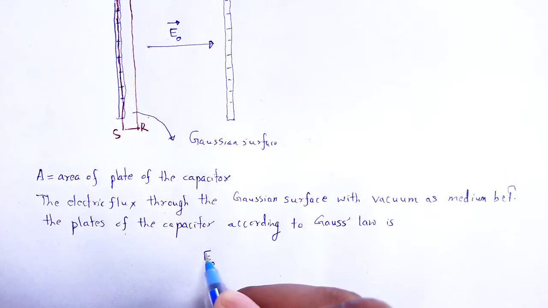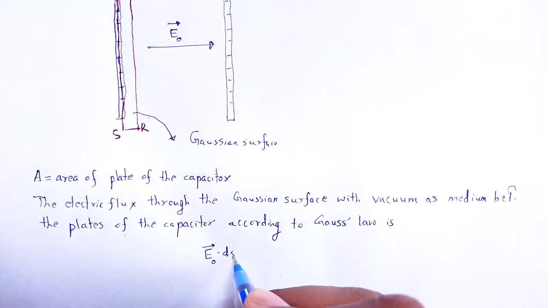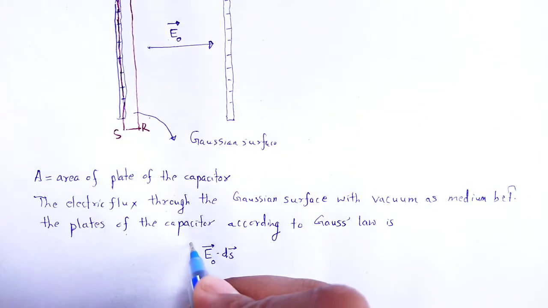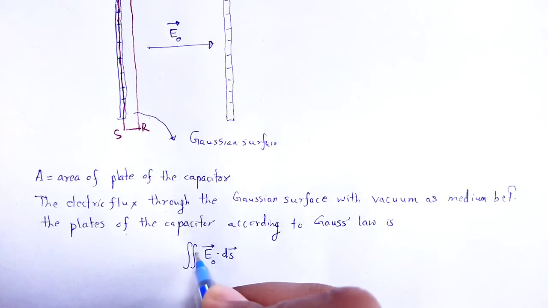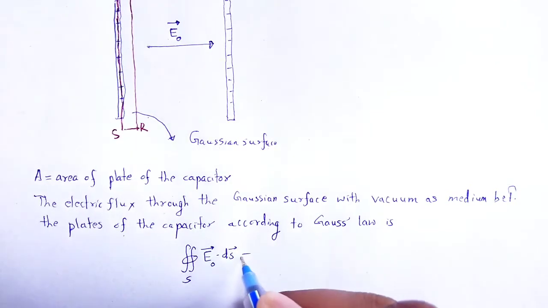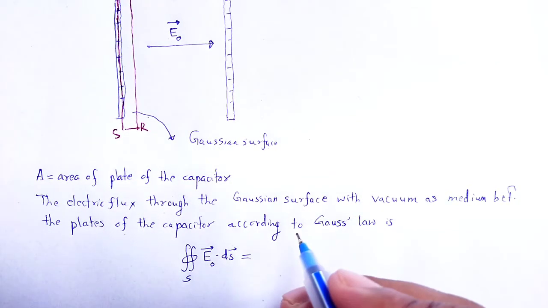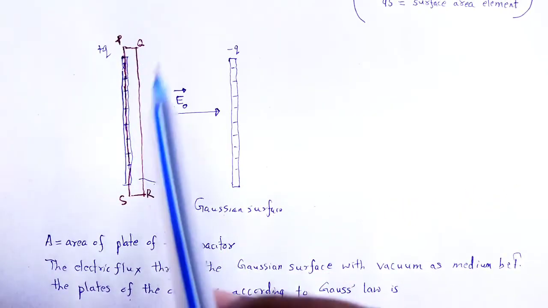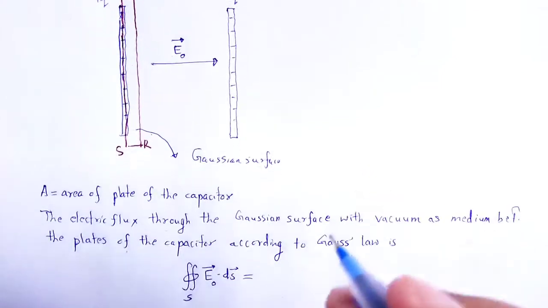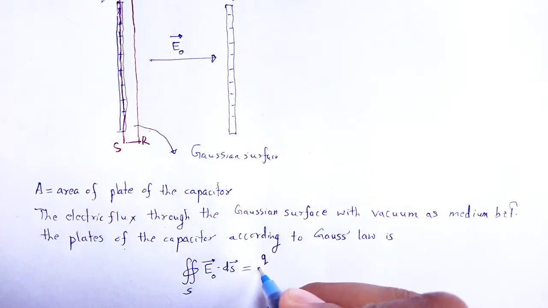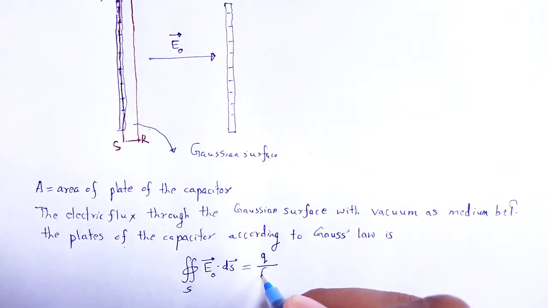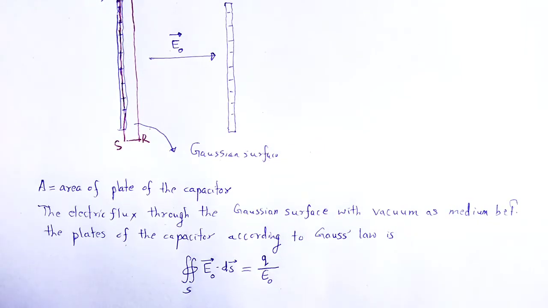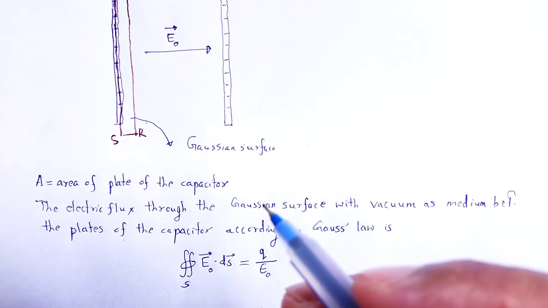E naught dot ds, closed surface integration. That is the electric flux, equal to the total charge enclosed by that Gaussian surface, that is plus q, divided by epsilon naught.